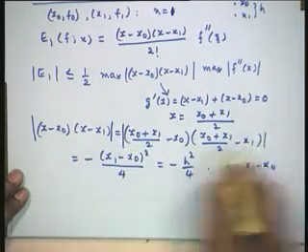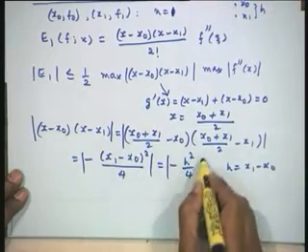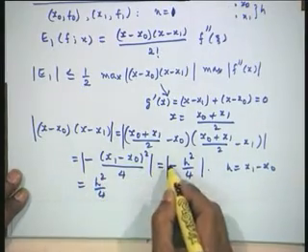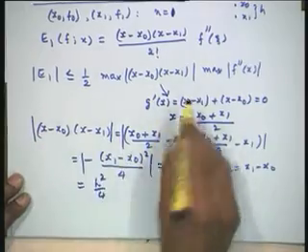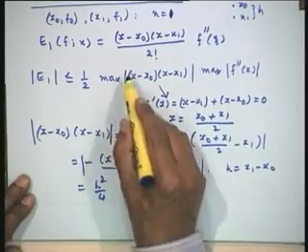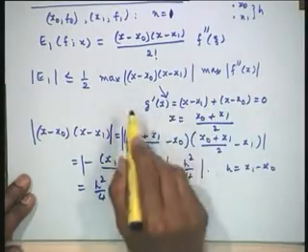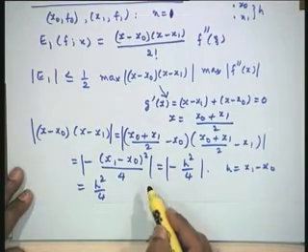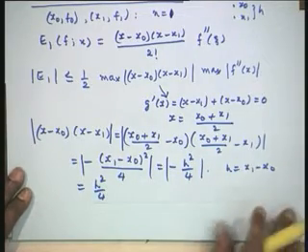Once you put this magnitude, this will become h square by 4. I thought I will do it in the next step, but since you have asked, what we are talking about here is the maximum of the magnitude. So, the maximum magnitude is h square by 4.